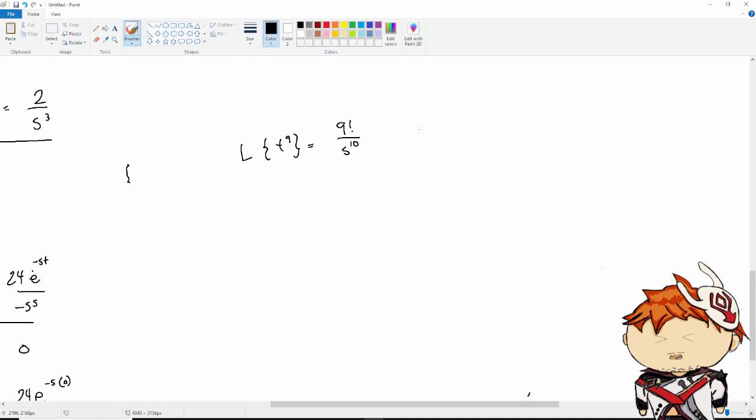Basically, the Laplace transform of t to the n becomes n factorial over s to the n plus 1. There are formulas for every type of Laplace transform. The long method is the manual way, and for my students, I'm going to require them to do the manual way.